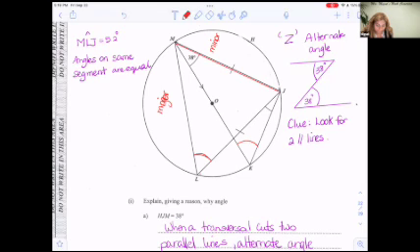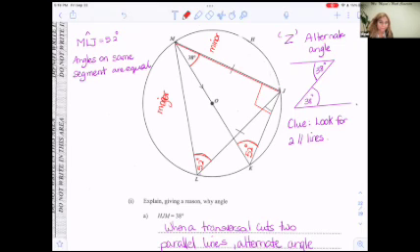If this here is 90 degrees and this angle is 38, how much is this one here? 52. And if this is 52, the other angle is also 52.